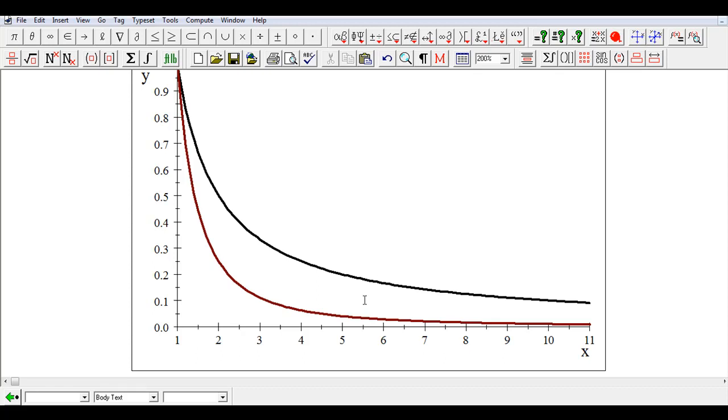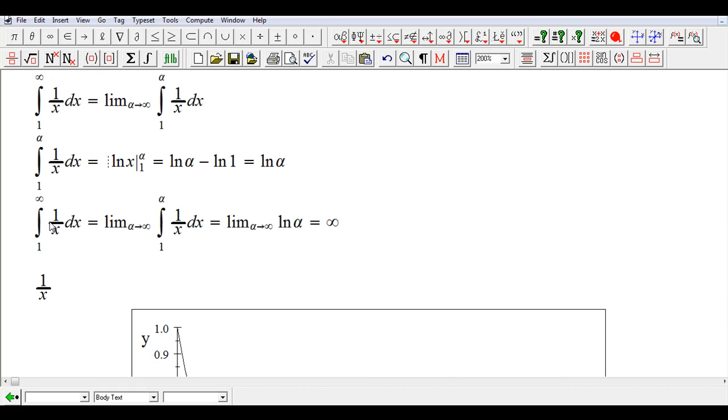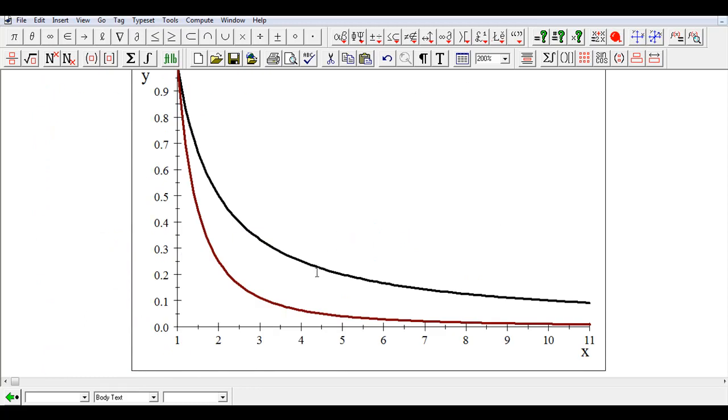That means as I keep taking larger and larger values, it will get to 1. Makes sense? But for this one, remember, we just did this a short while ago, this becomes infinity. That's the black curve.